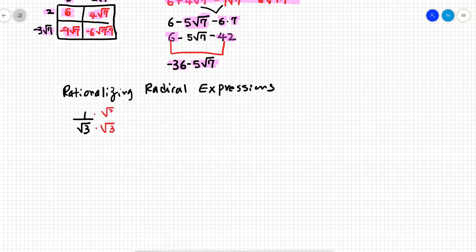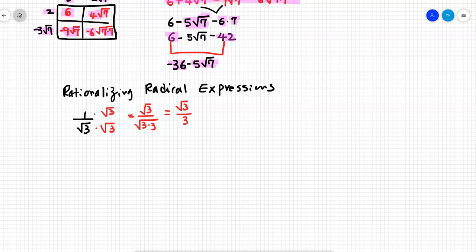The reason is that if you multiply exactly the same thing, square root of 3 times square root of 3 comes out as a 3, right? So on the top, you got square root of 3. Then the bottom, you got square root of 3 times square root of 3, which comes out as 3, and the square root of 3 over the top. So as you can see, in the denominator, we don't have radicals.